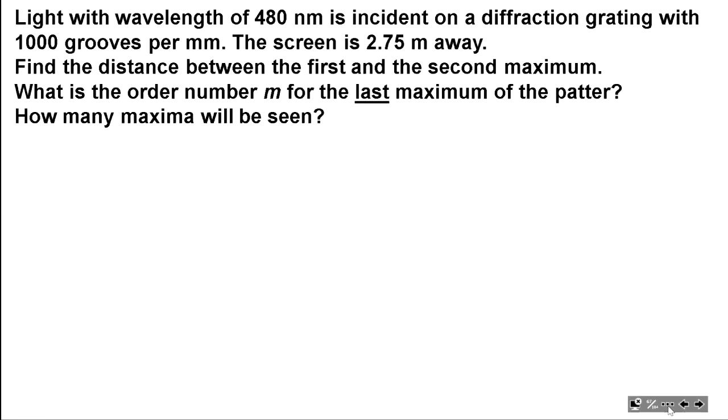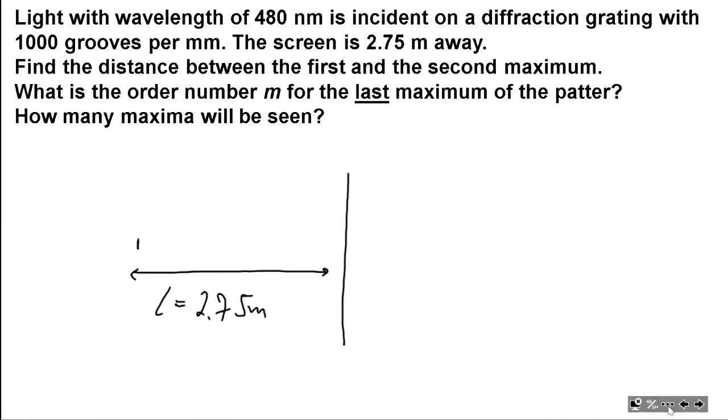So again, a device, a screen, the distance from the device to the screen, 2.75. On the screen we will see a small bright spot right across the grating. First maximum, second maximum, and also on the other side.